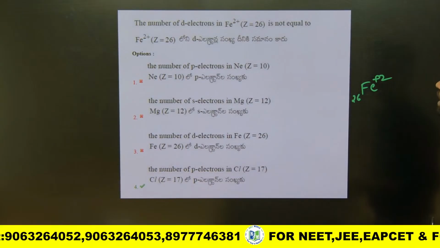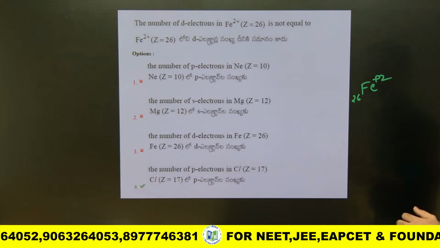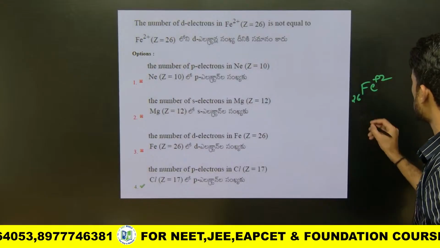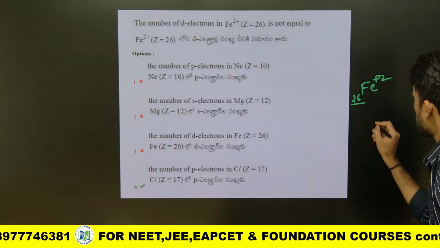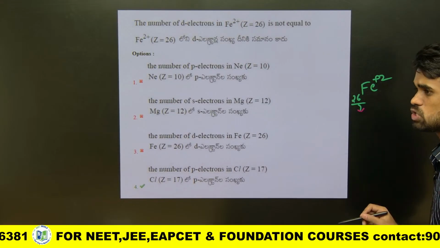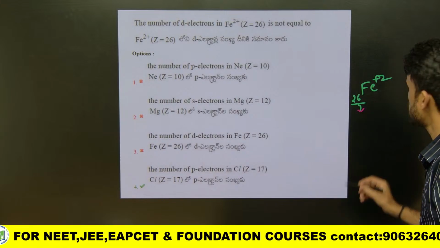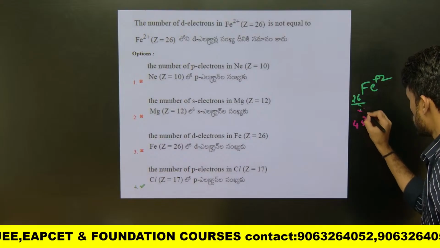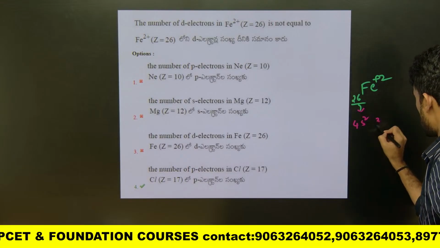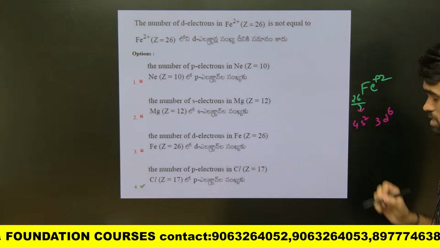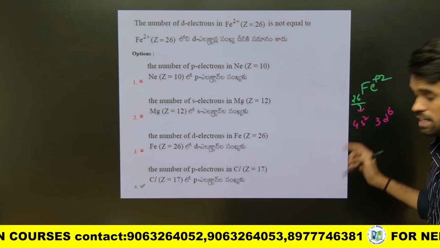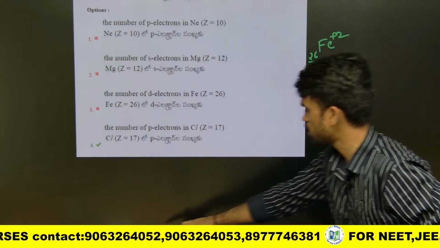So atomic number 26 means iron should have what electronic configuration? It should have 4s2, 3d6, like this. It is the case when you are writing for the iron metal atom.